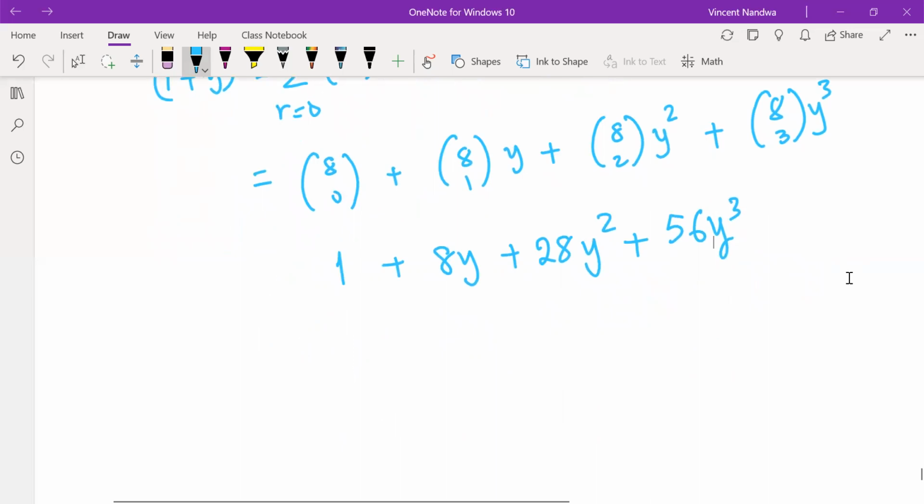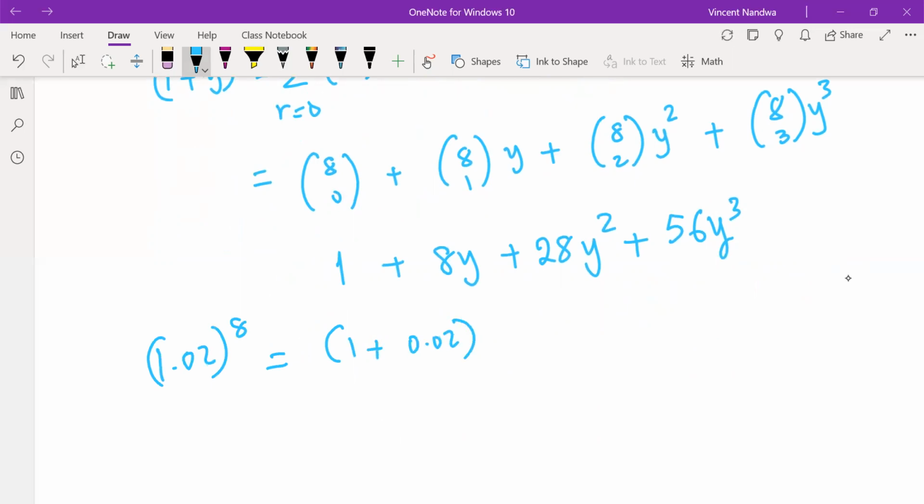Then 1.02^8 can be written as (1 + 0.02)^8. Relating to (1 + y)^8, this means we replace y with 0.02.